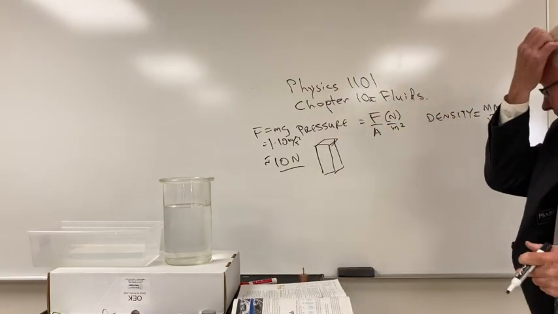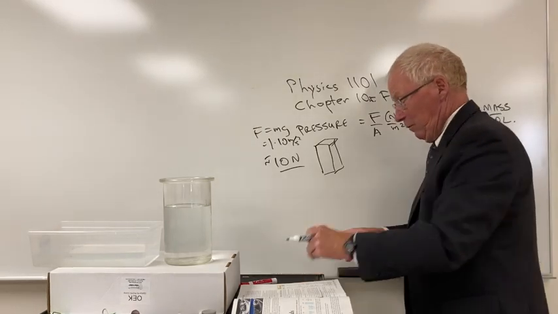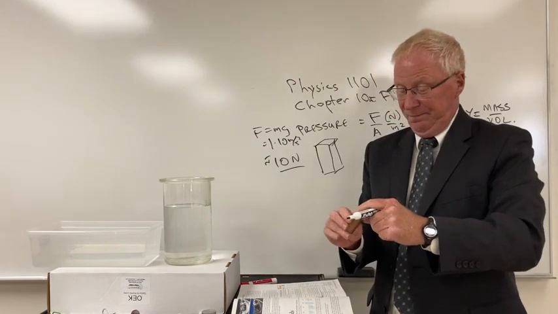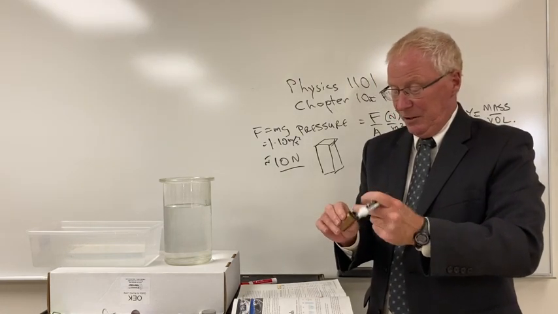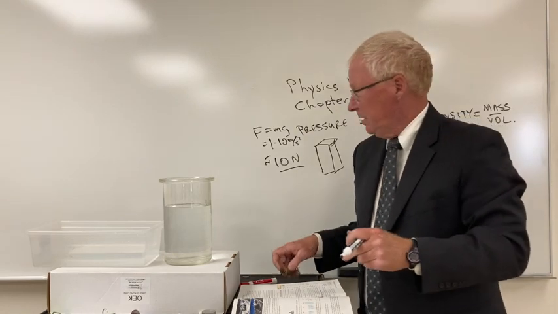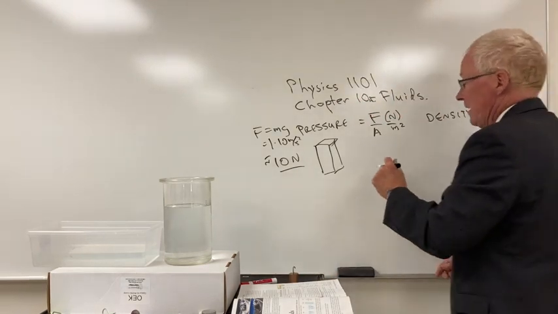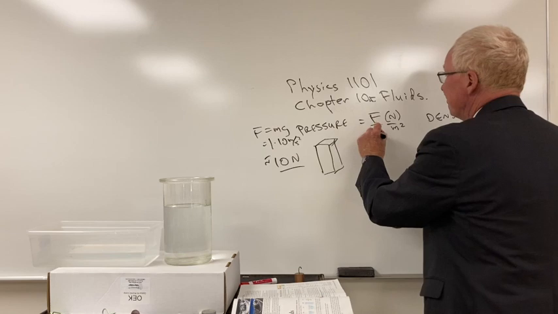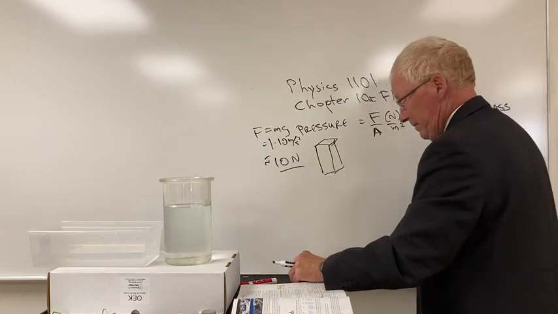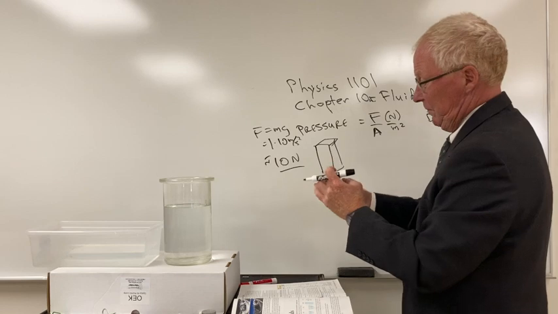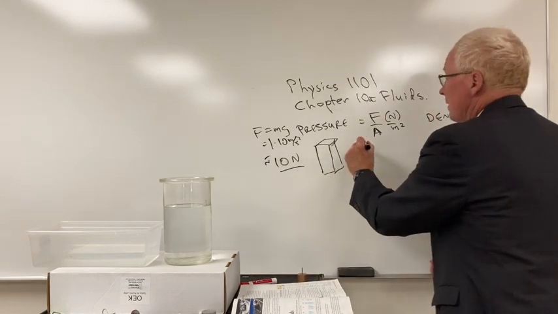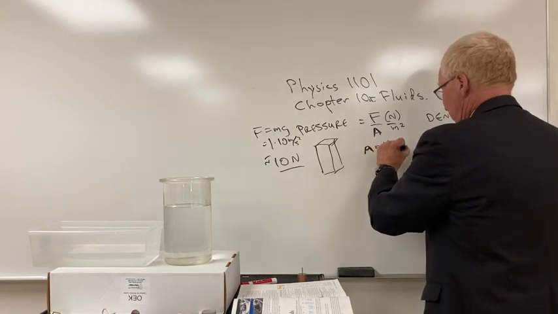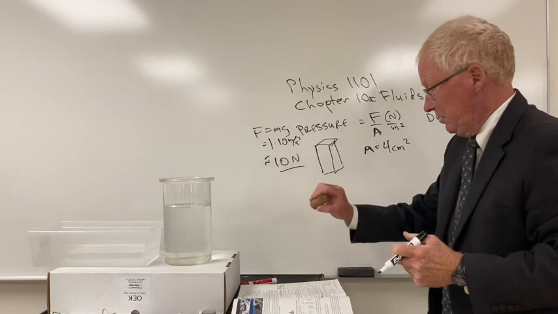So if I have this spread out over, say, a couple centimeters on each side, one object, then the area A is roughly 4 centimeters squared, meaning 2 by 2 centimeters.